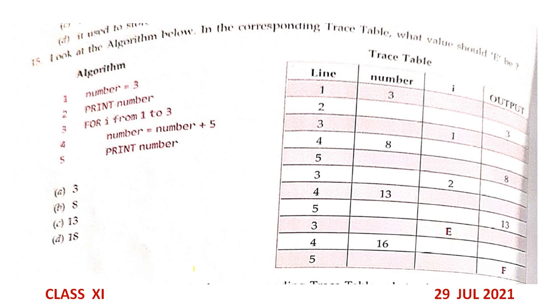Then when it is 2, the old number was 8, 8 plus 5 it will be 13 and it will be printed. When I is 3, 13 it will print here. Look at the algorithm below and the corresponding trace table. What value should be E? Step number 3, line number 3, E.